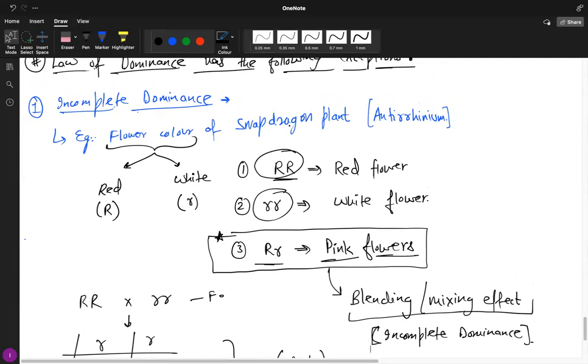Like in one organism, it could be a gene for color. But in Snapdragon, let me tell you why still Mendel's work is respected, because in Snapdragon, there are thousands of genes, right? 10,000, 15,000, let's say genes. So flower color gene shows incomplete dominance, but other genes do follow law of dominance.